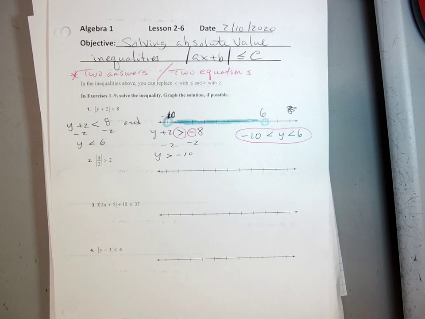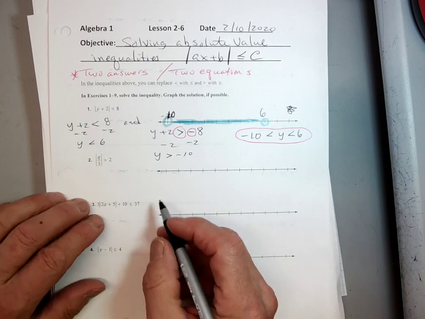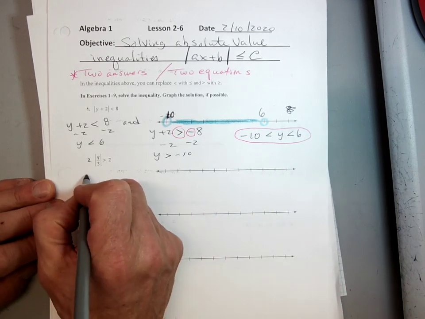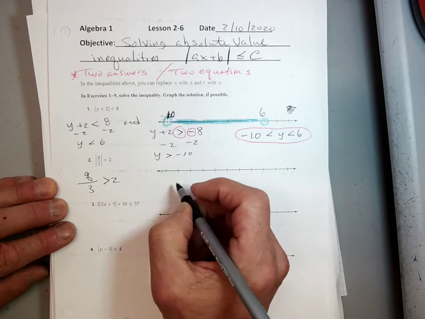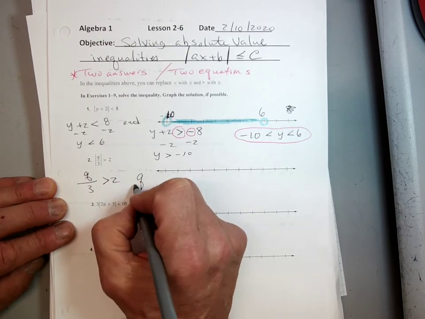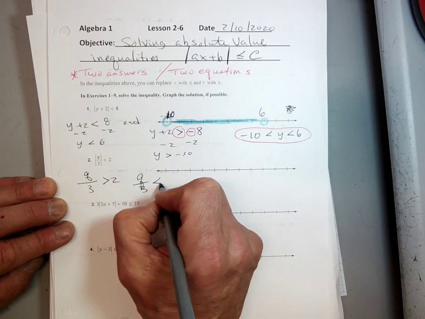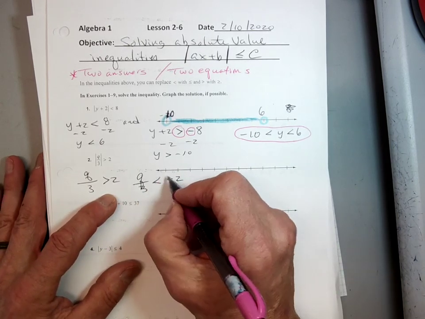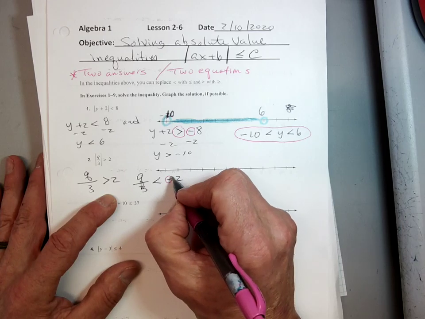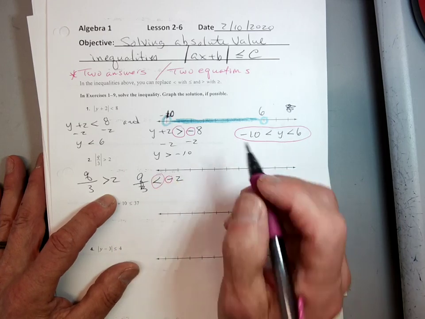Let's do number 2, a little bit more challenging. Okay, so again, 2 equations. First equation is q divided by 3 is greater than 2. And we're going to go q divided by 3 is less than negative 2. Again, I did 2 things. To the second equation, I made it negative, so I had to turn the inequality sign. Right?